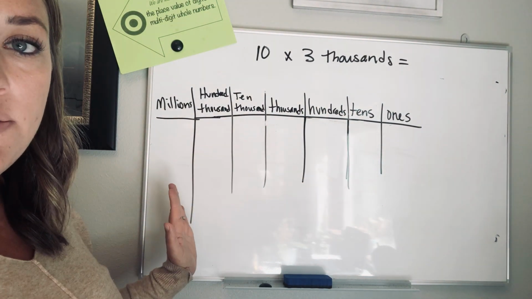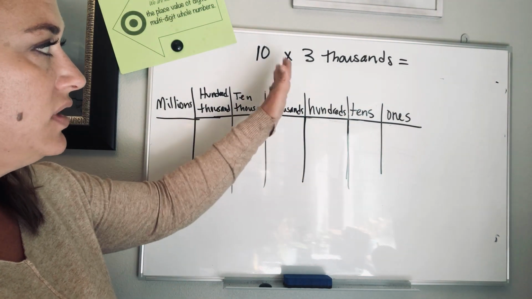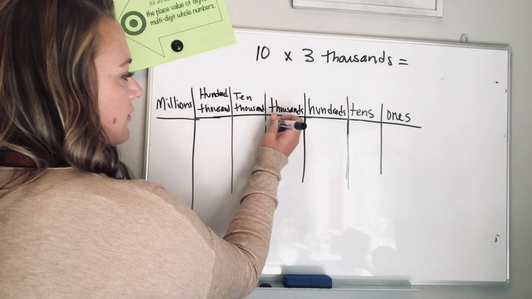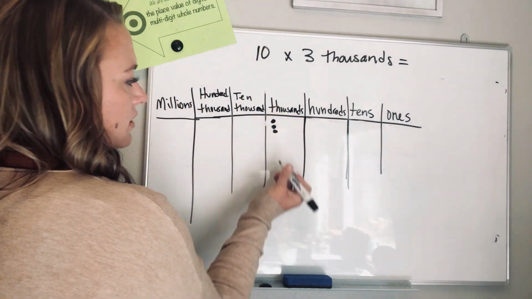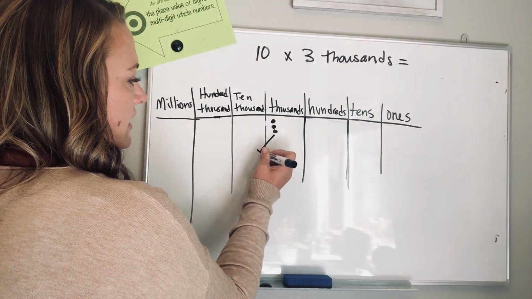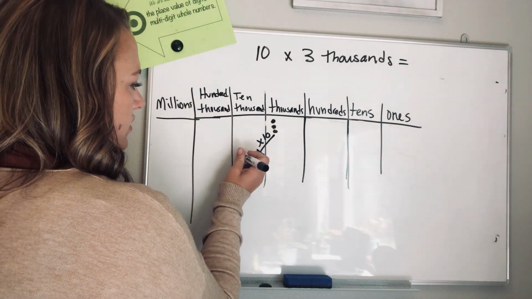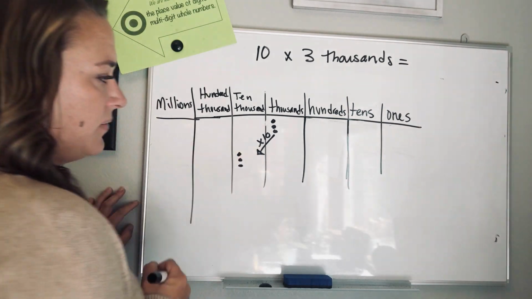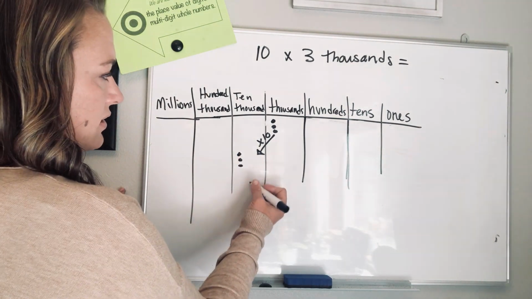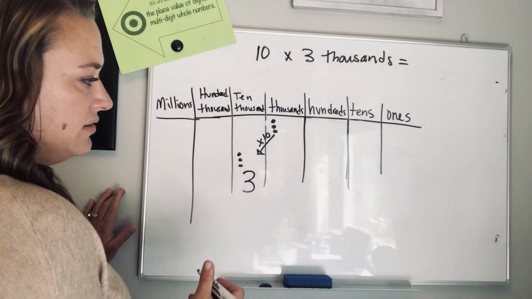So my numbers are going to get larger. So 10 times 3 thousands. I'm going to show my 3 thousands. I'm multiplying those by 10. Those 3 thousands are going to become 3 10,000s. So that's going to give me 3 in the 10,000s.